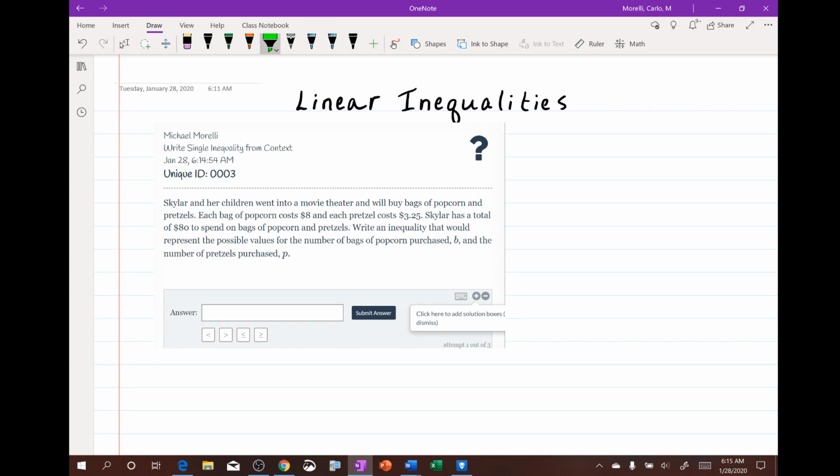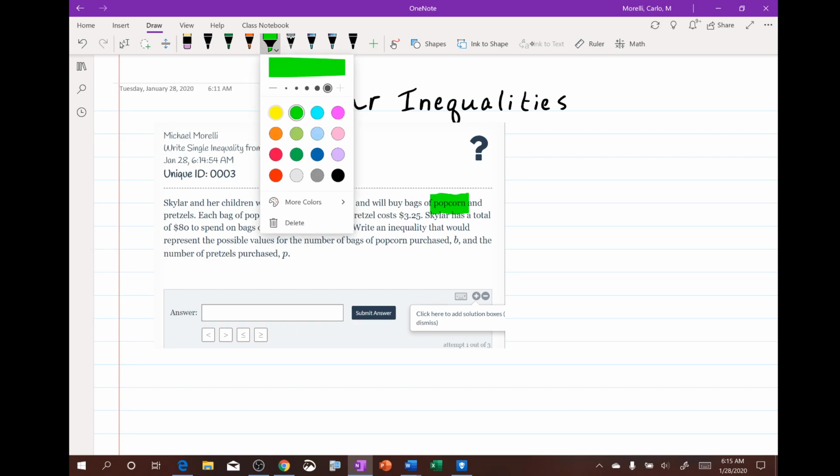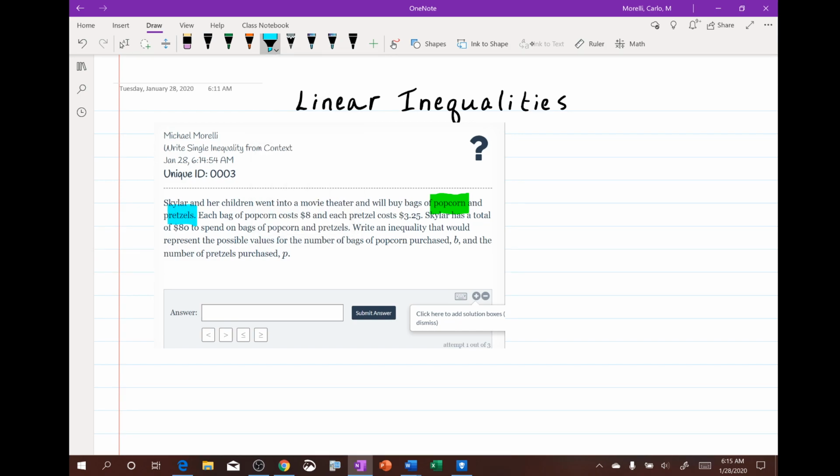In these problems, there's always two things that are being dealt with. In this one, it's popcorn and pretzels. Could be tables and chairs or whatever. It says here, each bag of popcorn costs $8 and each pretzel costs $3.25. Skylar has a total of $80 to spend.